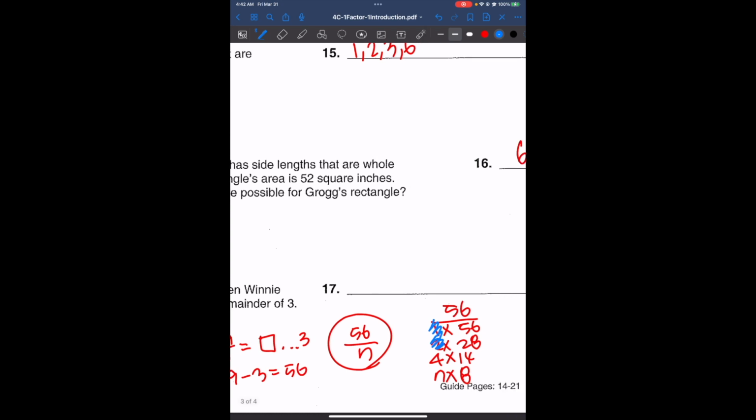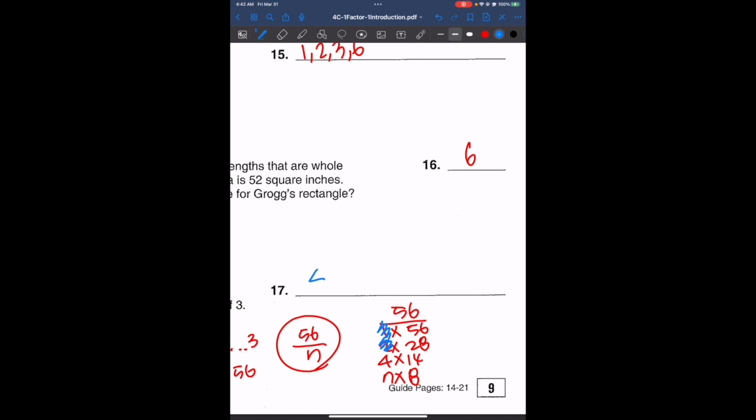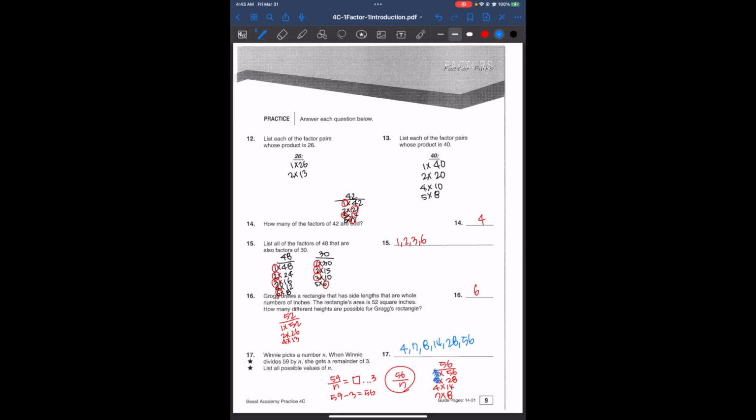And so the only possible answers are the remaining ones, which are 4, 7, 56, 28, 14, and 8. So if you write that in order, it's going to be 4, 7, 8, 14, 28, or 56.